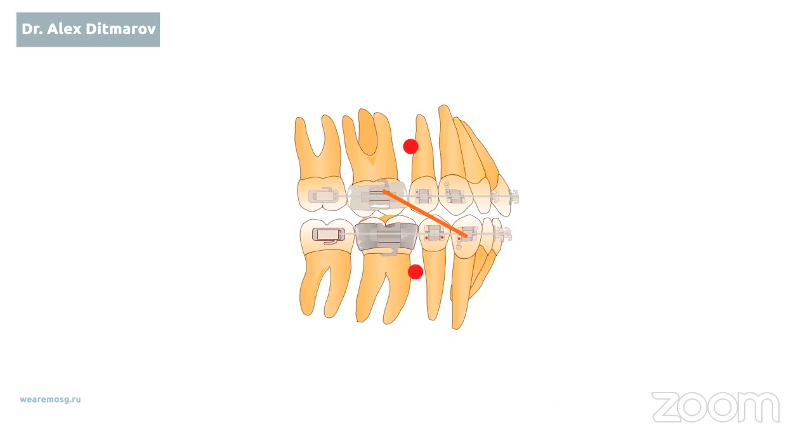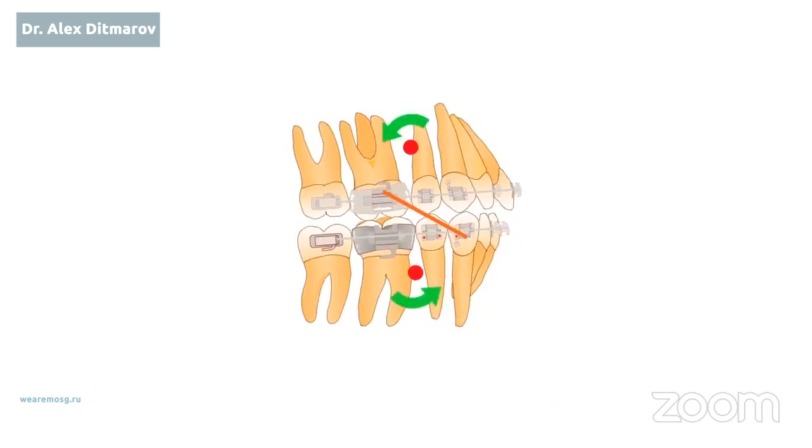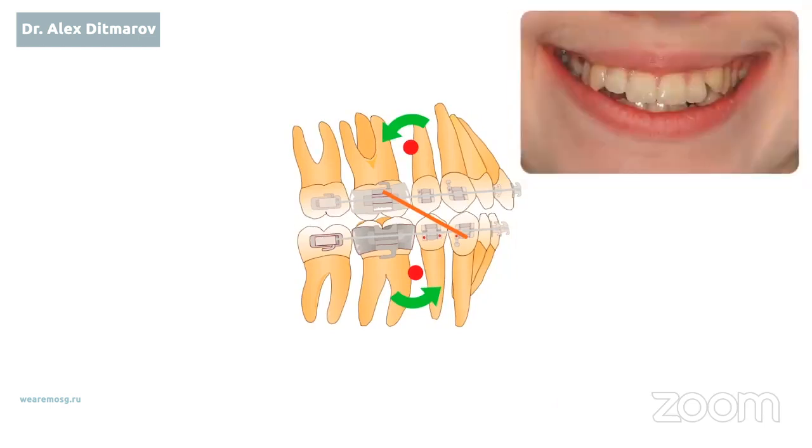And when we are giving our class 3 elastics, we are actually rotating our occlusal planes around our center of resistance. So our upper molars end up extruding. But do we want to extrude our upper molars in this case? You can see that initially she already had some posterior gummy smile. So we do not want this movement in her case.